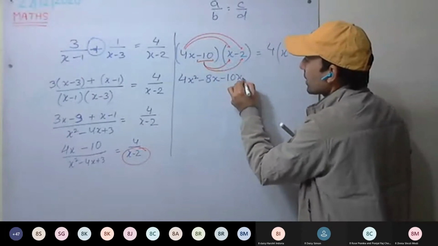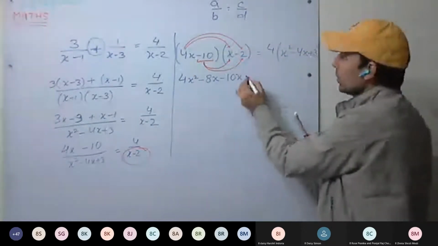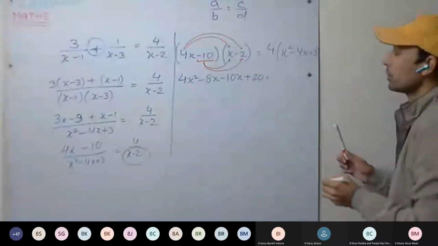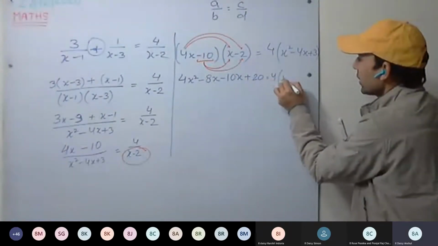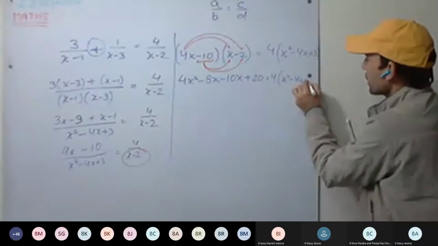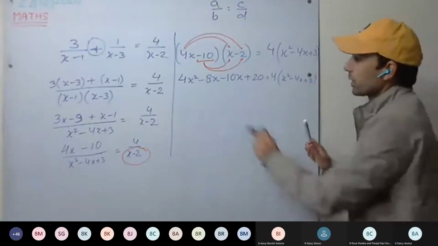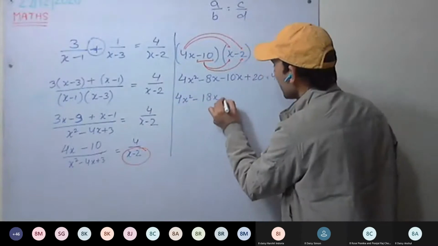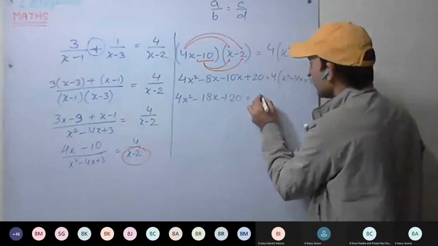Minus 10x. Minus 10 into minus 2 is plus 20. On the right hand side, we have 4x square minus 4x plus 3. Okay. Now solve for the 4x square minus 18x plus 20.